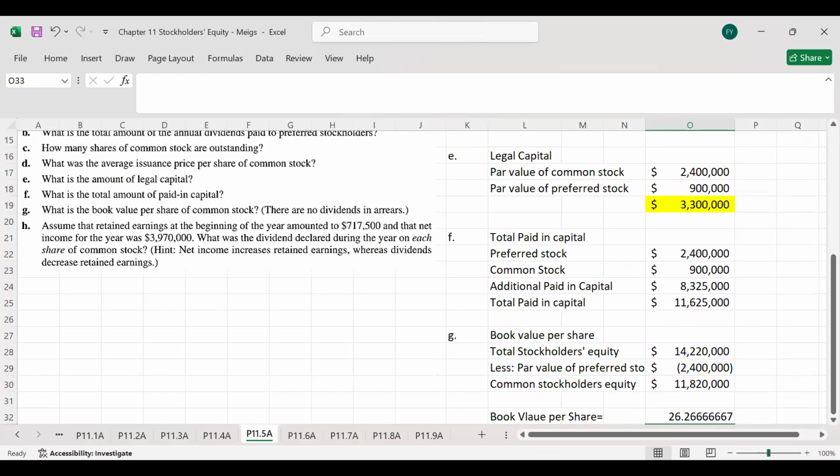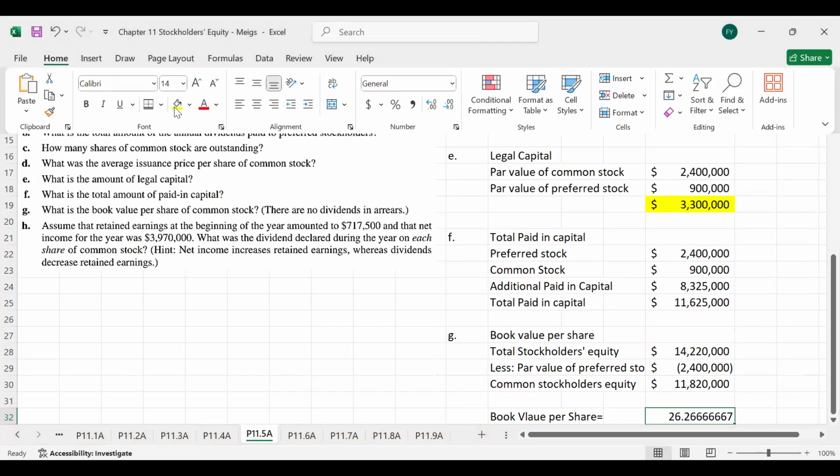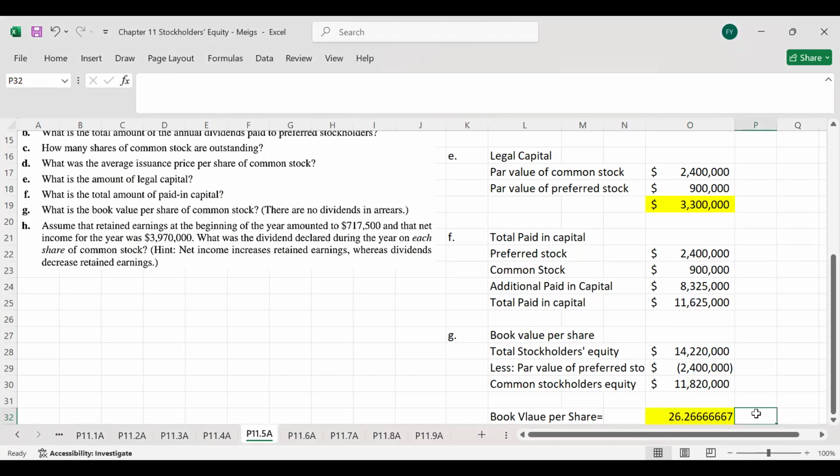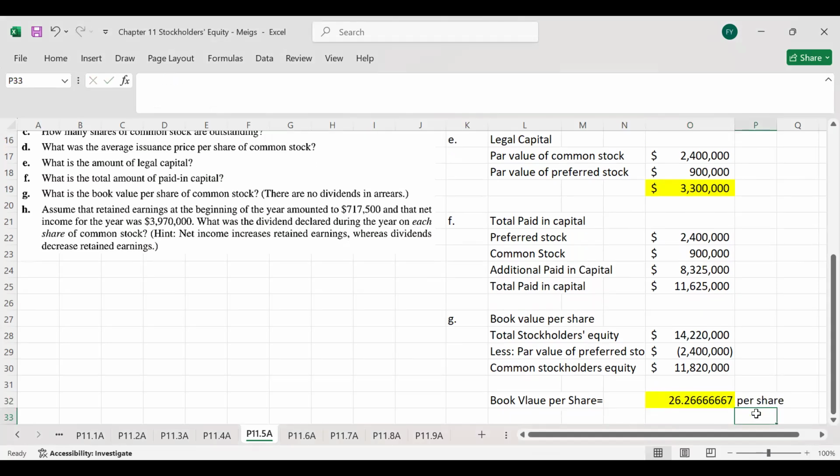So we have divided it by the total number of common stock issued, 450,000, and this 11,820,000 represents the stockholders' equity exclusively available for the common stockholder. So this is the book value per share. Here is the answer: $26.26 per share.